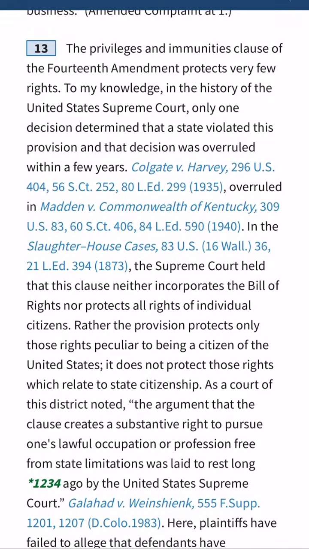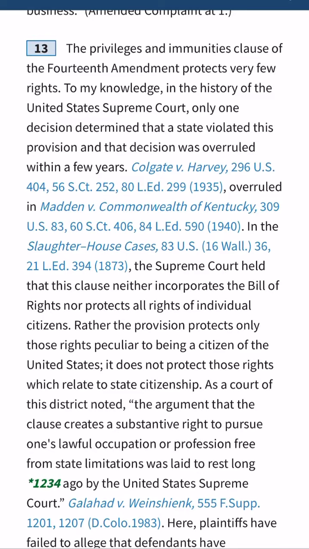Okay? Now let's go down to number 13. The Privileges and Immunities Clause of the 14th Amendment protects very few rights. To my knowledge, in the history of the United States Supreme Court, only one decision determined that a state violated this provision, and that decision was overruled within a few years. Colgate versus Harvey, overruled in Madden versus Commonwealth of Kentucky. In the Slaughterhouse cases, the Supreme Court held that this clause neither incorporates the Bill of Rights nor protects all rights of individual citizens.